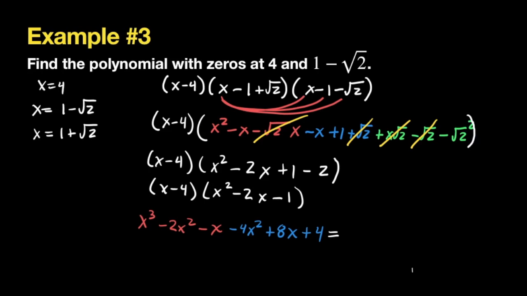And we combine like terms, we get x to the third minus 6x to the second plus 7x plus 4. And that is your answer.